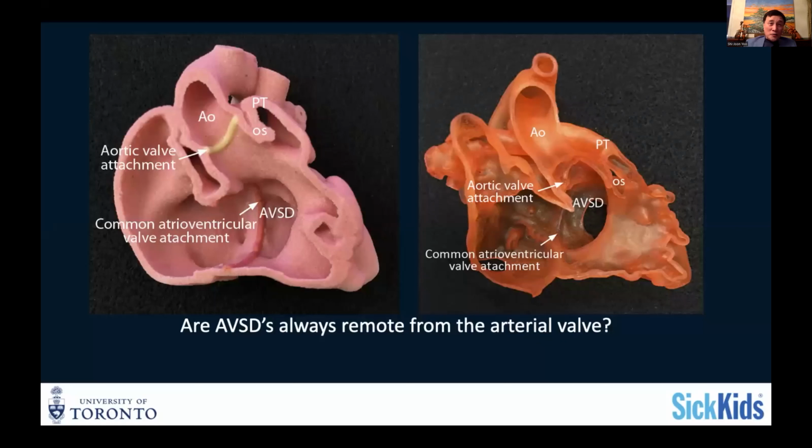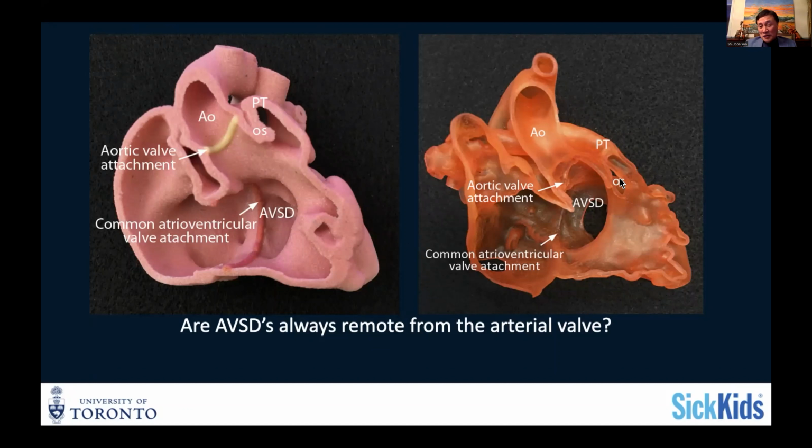Another category is that whenever you have a remote VSD, people tend to say that is remote. That's not true. So in this case, with the DORV, no question, the VSD is far from the aortic valve, far from the pulmonary valve. However, in this case, the upper margin of the VSD extends all the way to the aortic valve.